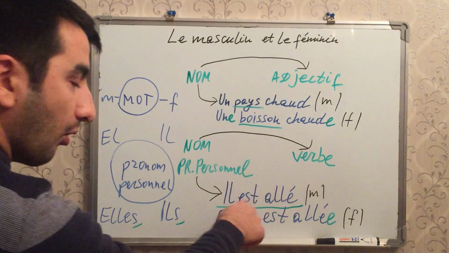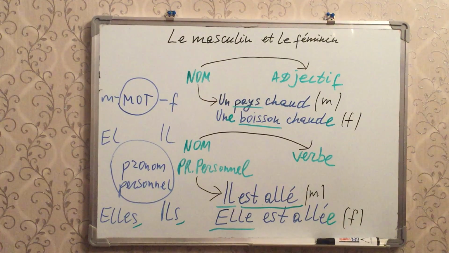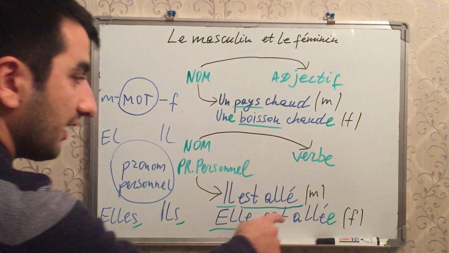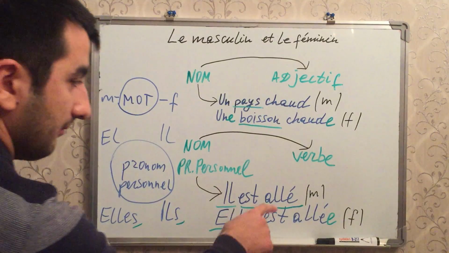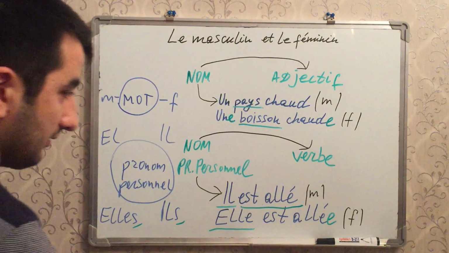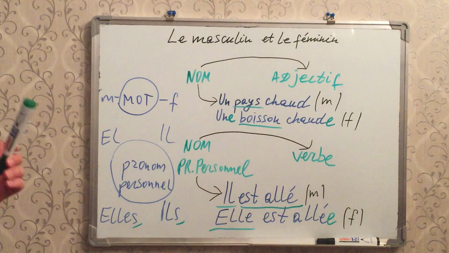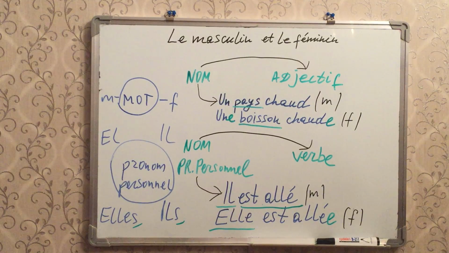Okay, both the first one and the second one are pronounced like aller. Il est allé, elle est allée. Okay, so from this point of view, these sentences are correct from the point of using the gender of a word.